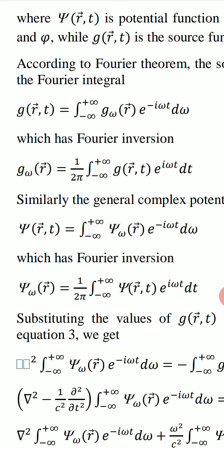This G(omega,r) can be written by inverse Fourier transform as equal to 1 upon 2 pi integral g(r,t) e to the power i omega t dt.